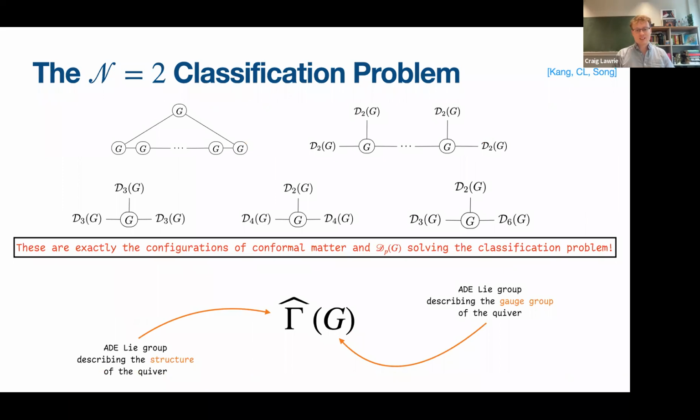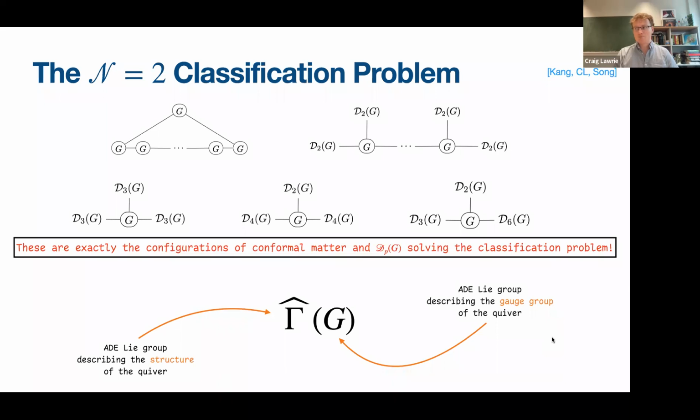So let's give these theories some labels. I have basically two pieces of data. I have one piece of data, which is an ADE Lie group, which describes the structure of the quiver: A, D, E6, E7, E8. And I have an ADE Lie group describing the gauge group on the gauge nodes of the quiver.